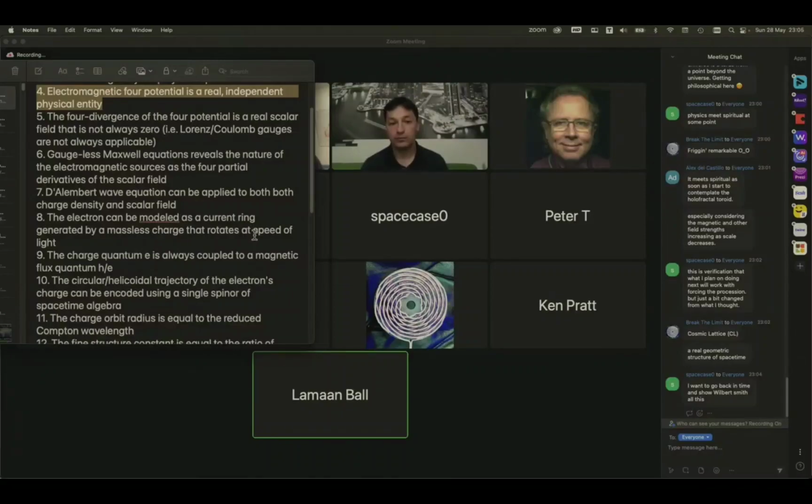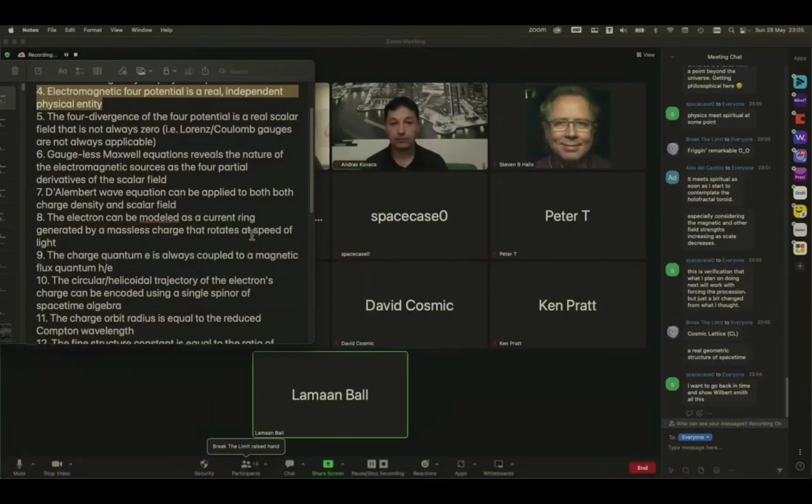And it's not the magnetic field that's affecting it, it's the vector potential, exactly. So it is quite well known that the vector potential, the 4-potential, is a real thing. It's not just electric and magnetic fields that can be detected. Thank you. Did you want to reply to that, Andras?